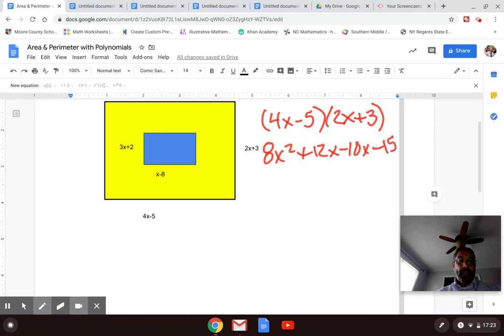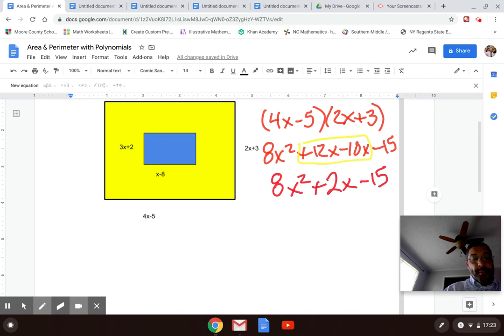All right, so then I combine those like terms that are right there in the middle. So I can write this in standard form. So when I combine those like terms, that gives me 8x squared plus 2x minus 15. All right, so that is my area of the outer region.